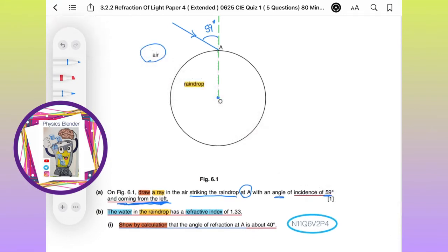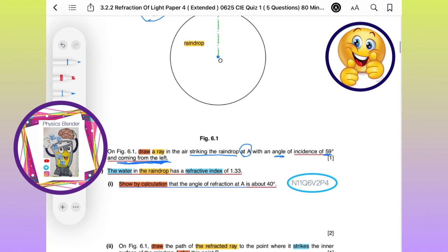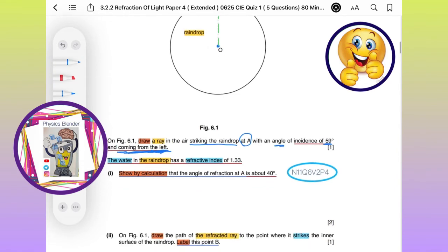The next step is showing you, you have to show by calculation that the angle of refraction is about 40. So you have the answer already, but you have to apply Snell's law to get the answer 40. You know that if you have the angle of incidence in air, sine i in air divided by sine r is equal to the refractive index.